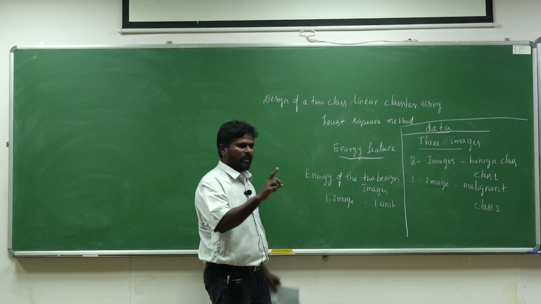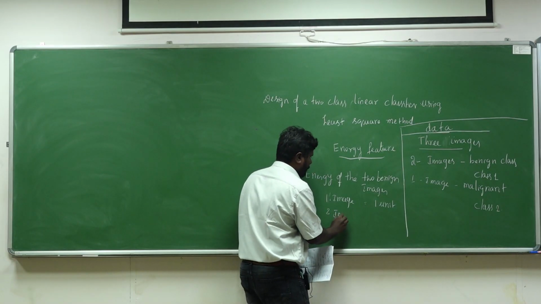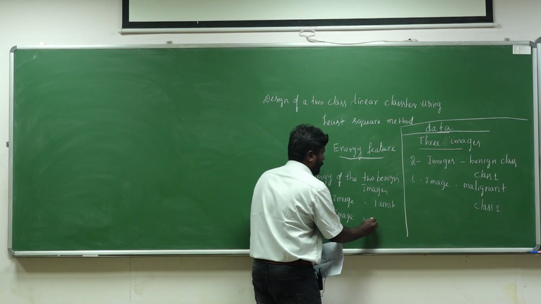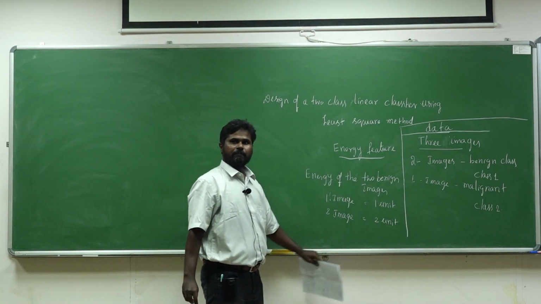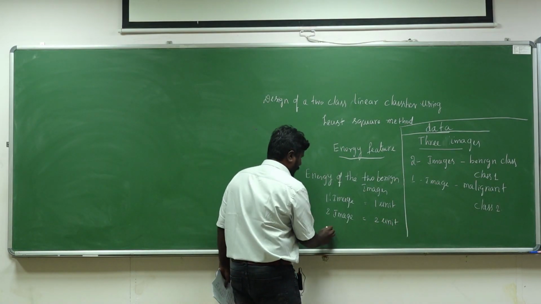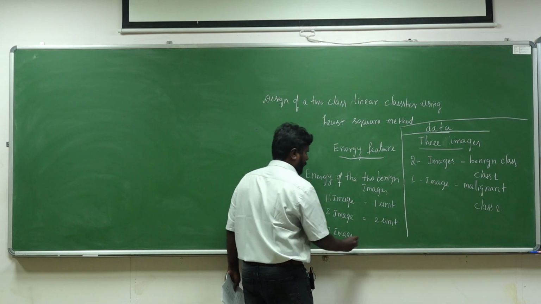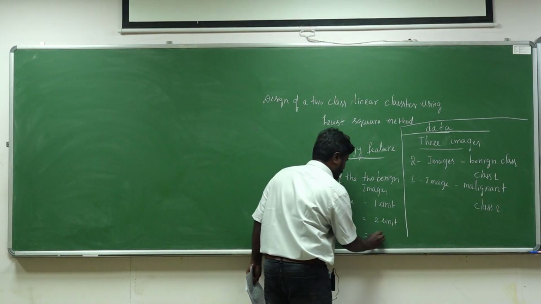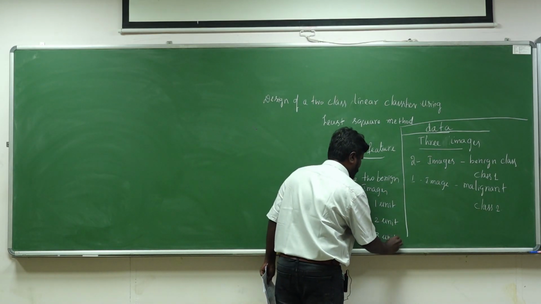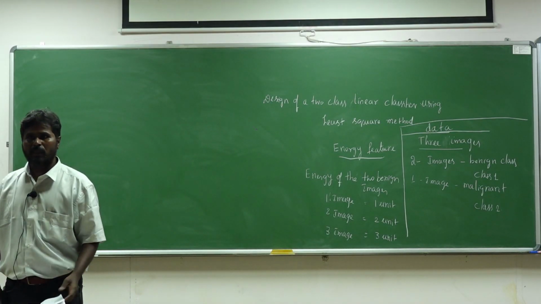The second image, 2 units. Now the third image, let's say the energy of the third image is 3 units. Okay, we have extracted the features.